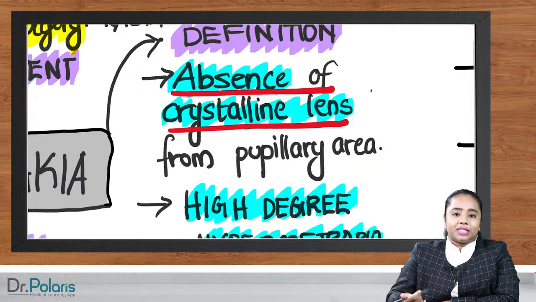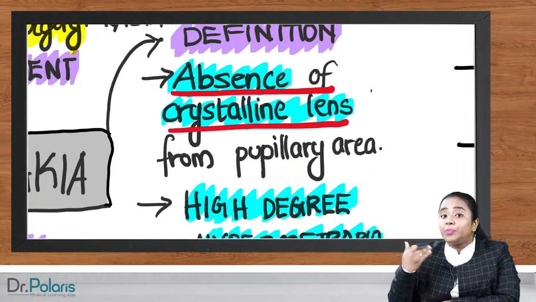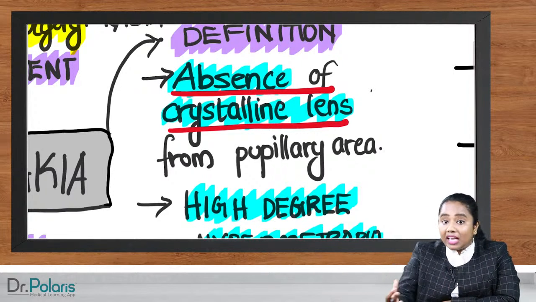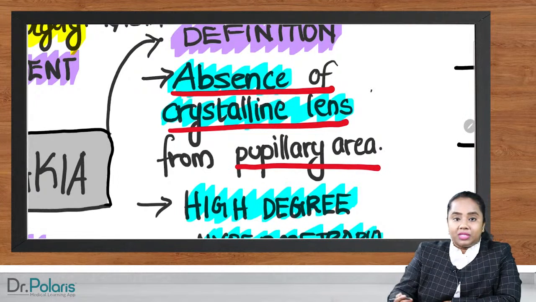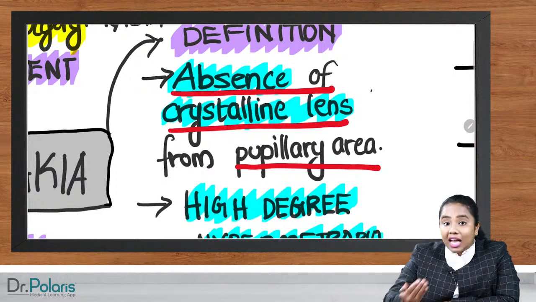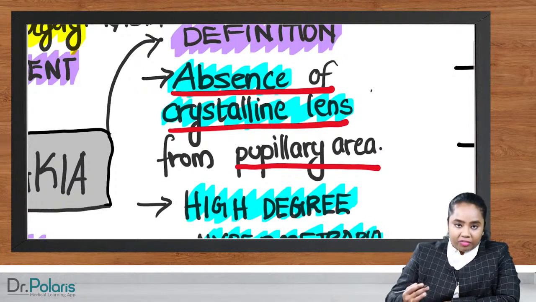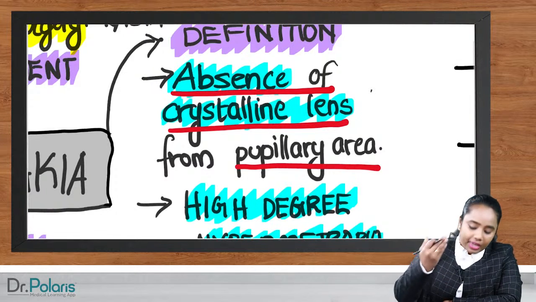But to be more precise, if there is an absence of crystalline lens in the pupillary area, the right place for the lens, from the pupillary area, then you call it by the name aphakia. That is a much more precise way of defining aphakia.